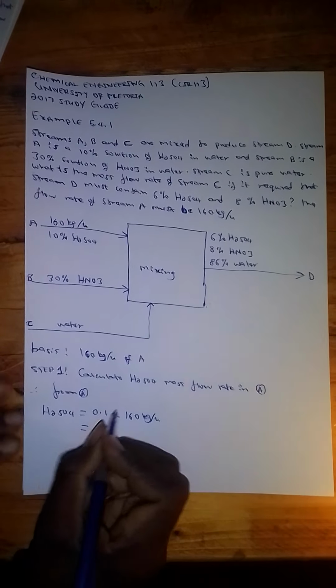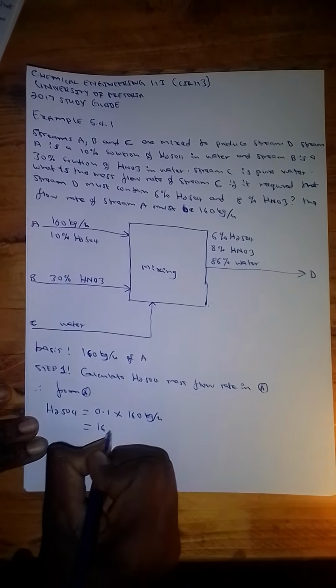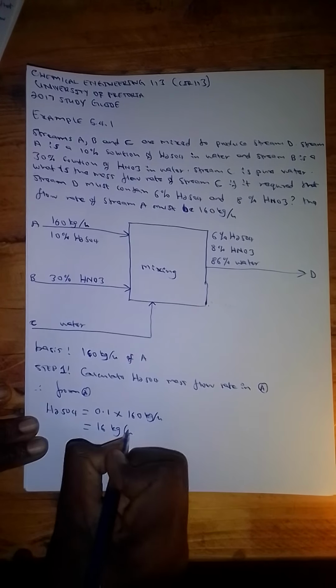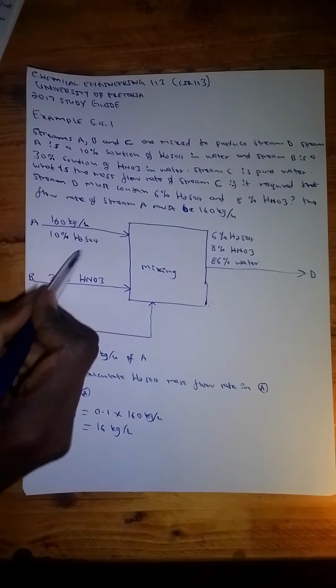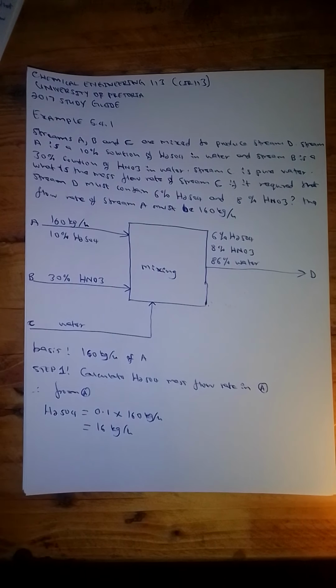If you use a calculator, it gives you 16 kilograms per hour. Now we know that H2SO4 in here is 16 kilograms per hour.